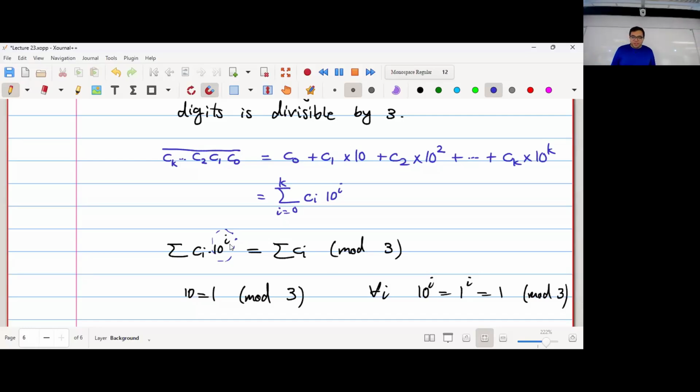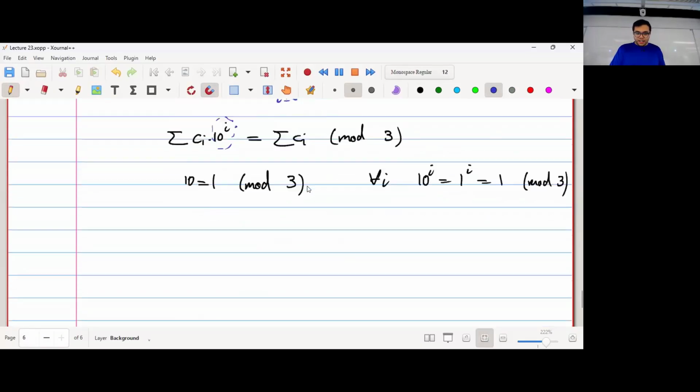So for any number, if I want to check divisibility by n, I can write my number in base n plus 1. And then I can say the number is divisible if and only if the sum of its digits is divisible. Right? And in this case, actually, for 3, I didn't even need 10. I could just write it in base 4.